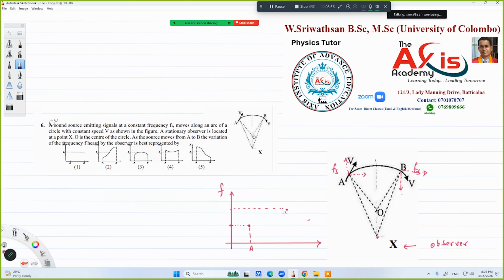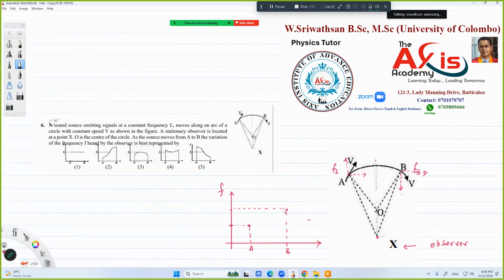So the frequency should vary from the lowest value to the highest value. When the source is at A, X hears the minimum frequency, whereas when the source is at B, the apparent frequency will be high. So the graph should go from this point to this point.